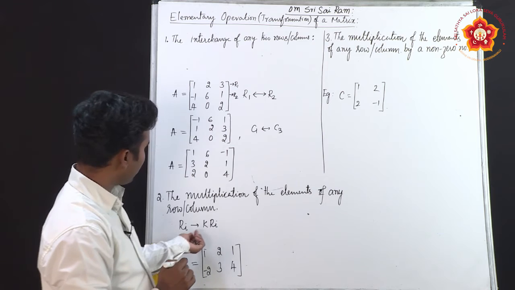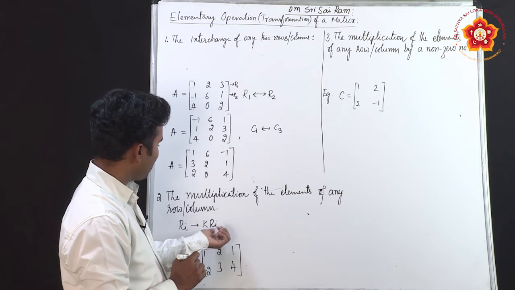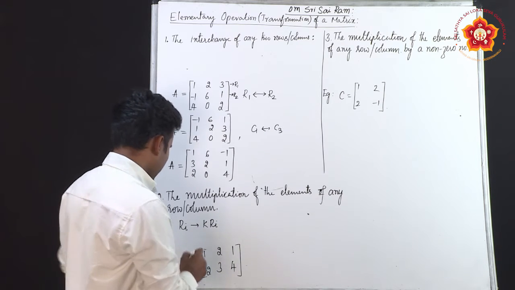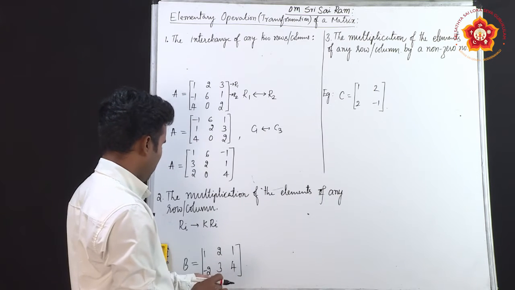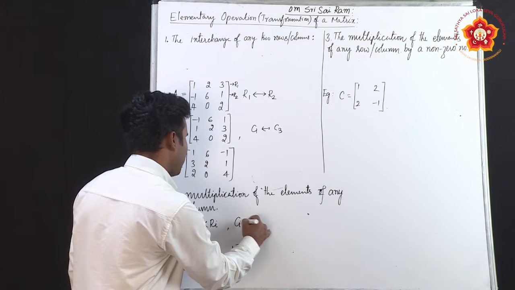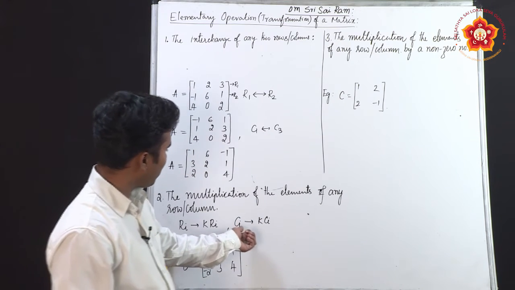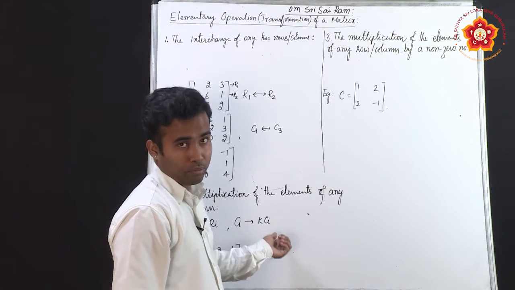What I am doing here is multiplying by a scalar, which is a non-zero quantity, with the ith row. For example, here we have the matrix 1, 2, 1, -2, 3, 4. In case of a column also we can do that, k times Ci. That means we are multiplying a scalar quantity with a particular column of a matrix.